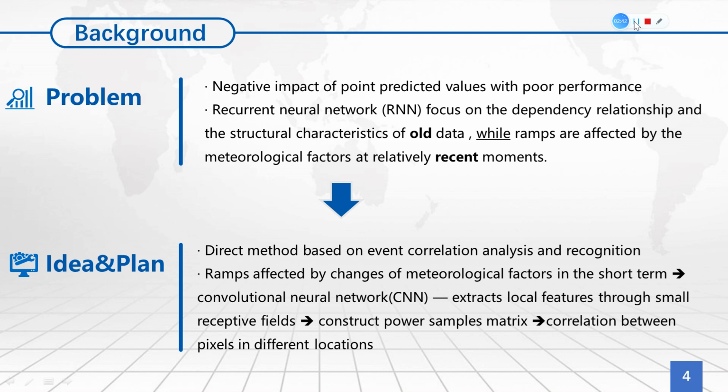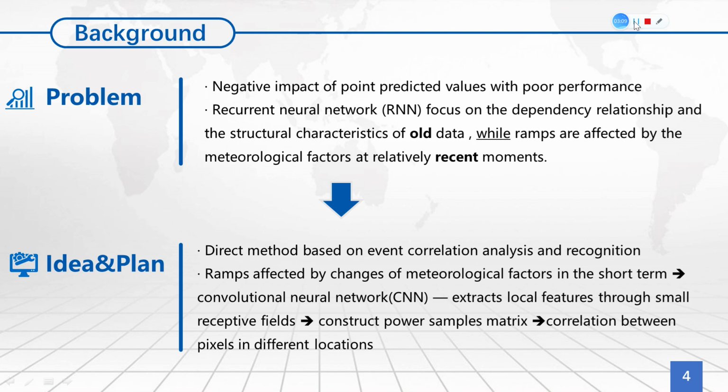What's more, historical previous power values are not of much reference for subsequent ramp events detection. In this case, the advantage of the traditional recurrent neural network, the transmission of long-step dependencies, fails to be exploited.